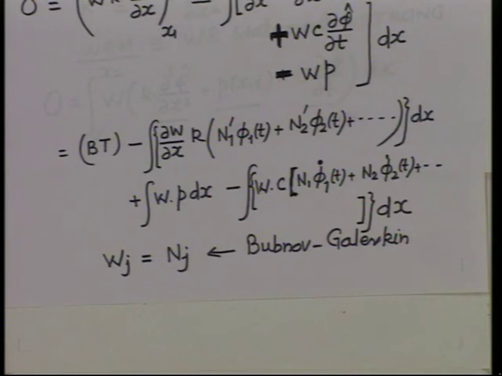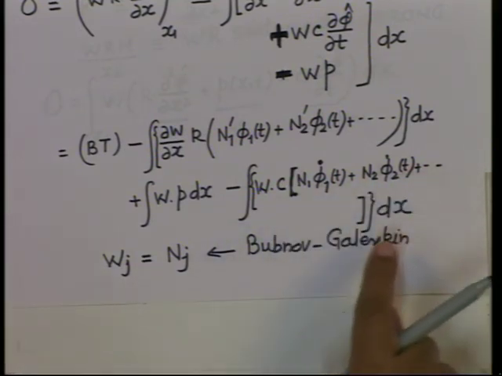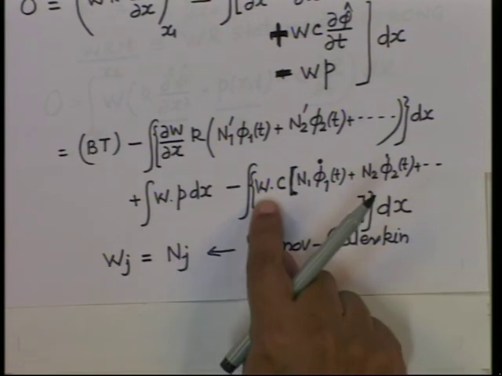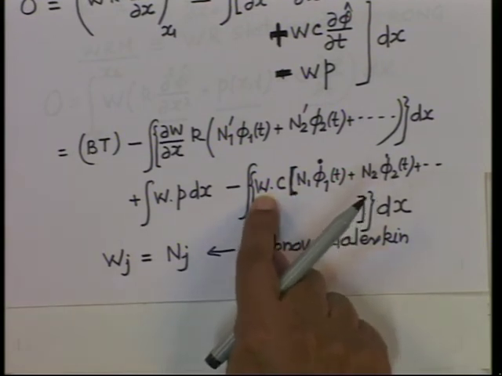Then you write down this equation at number of nodes. This is a general one at any space point. Weight can be anything. So now I am saying that yes, this equation can be written at as many points as possible. So we will get a system of algebraic equations, and the only thing is that this one will give you a new term, because the first one is N_j.